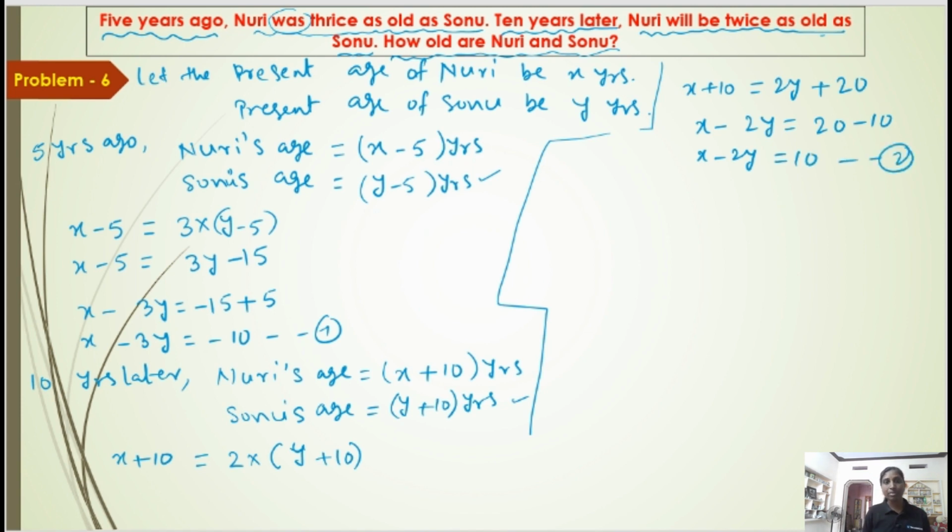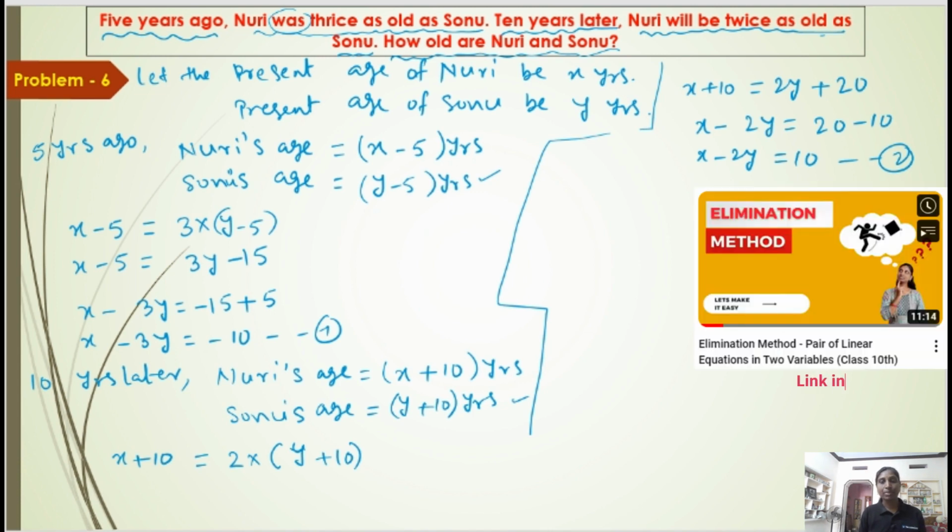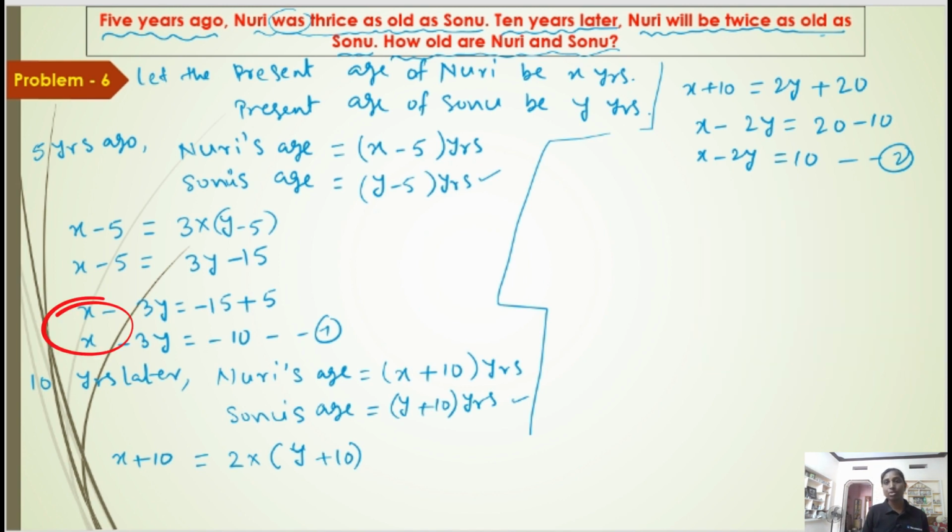Now see equations 1 and 2 carefully. If we use the elimination method, you can see the coefficient of x is already equal. Coefficient is 1 and the sign is the same. So we have to subtract equation 2 from equation 1.